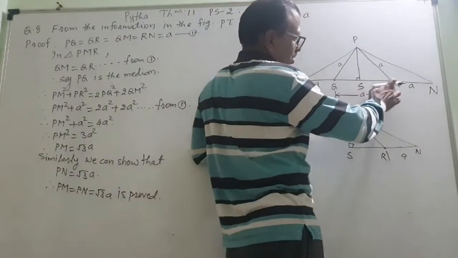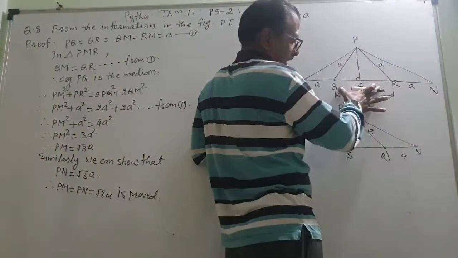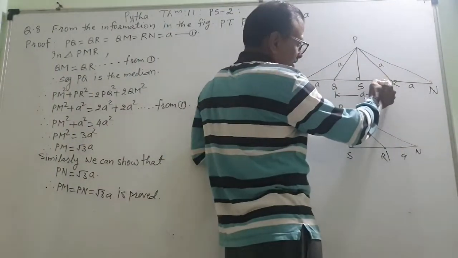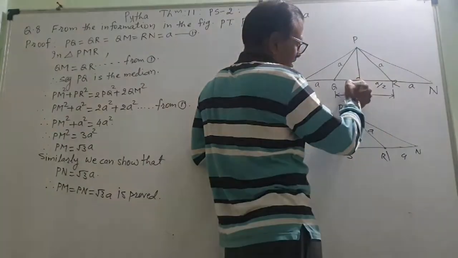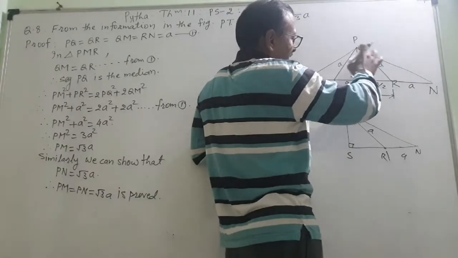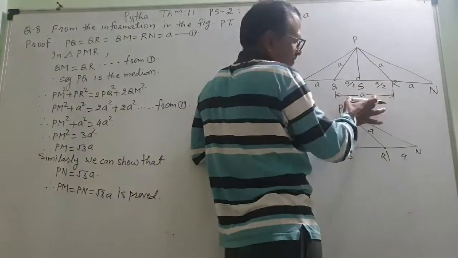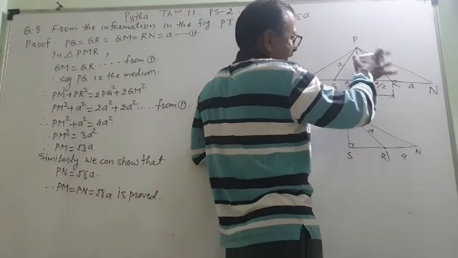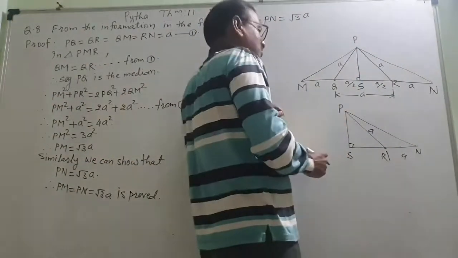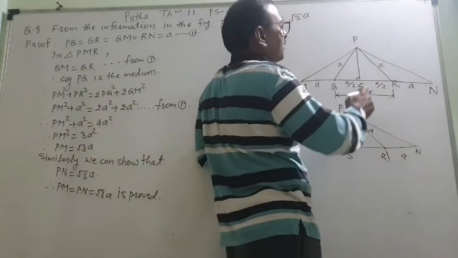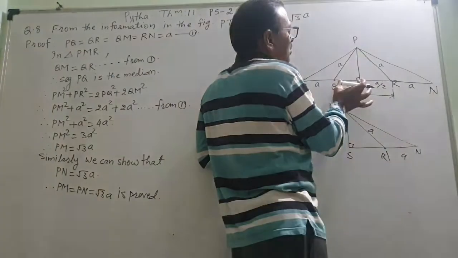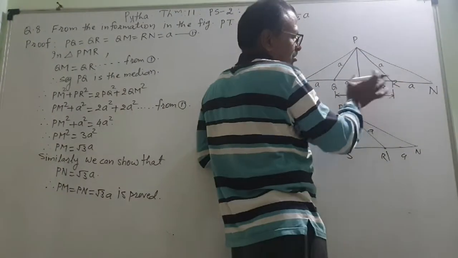So from this to this, it is A. From Q to R, it is A. So this is A by 2, this is A by 2. Why? Because this is an equilateral triangle. All these sides are equal. All those are A. That means this is the equilateral triangle. And the perpendicular from the opposite vertex, in the last question we have seen, bisects the side. So this will be A by 2, this will be A by 2.